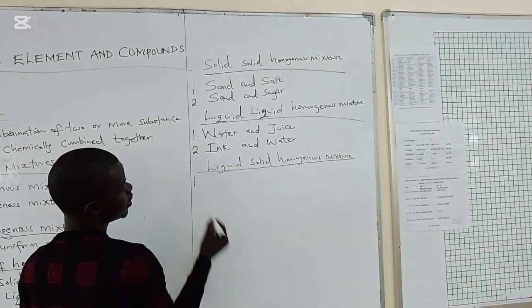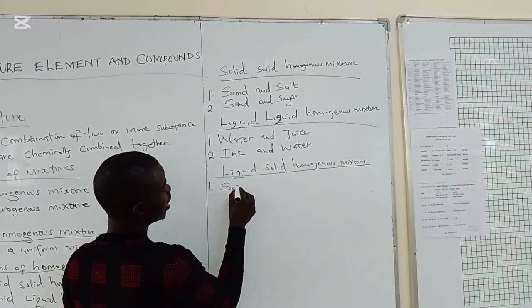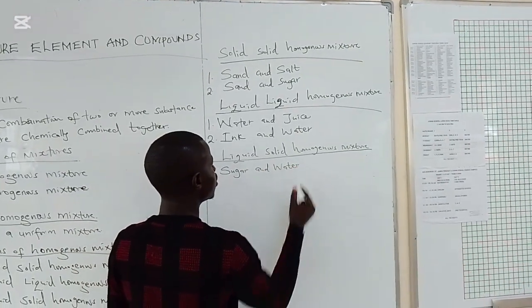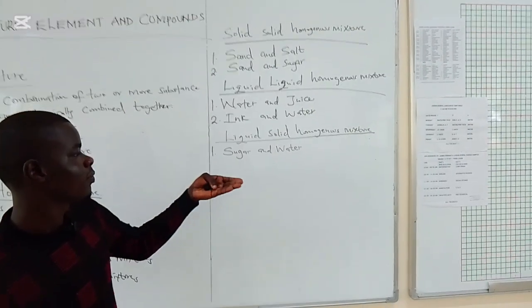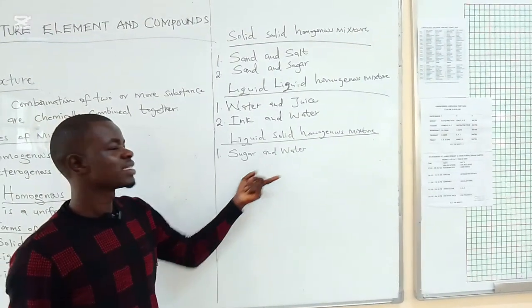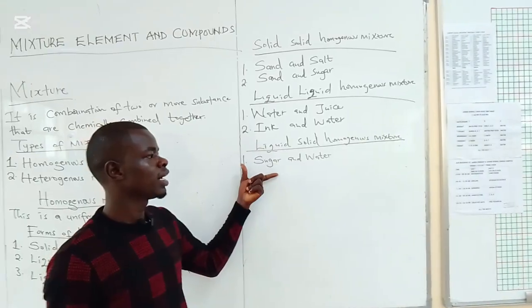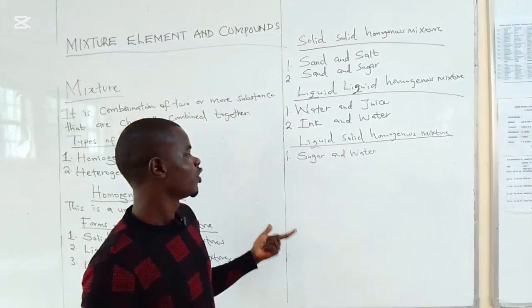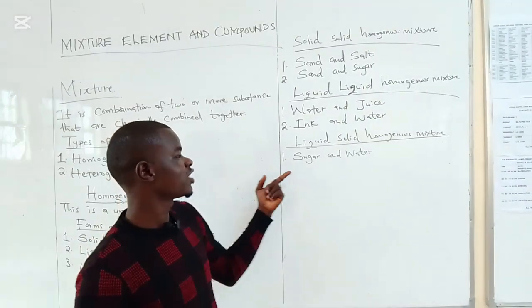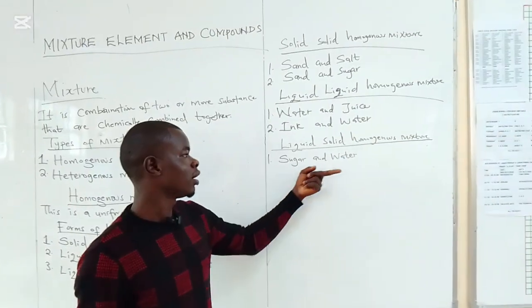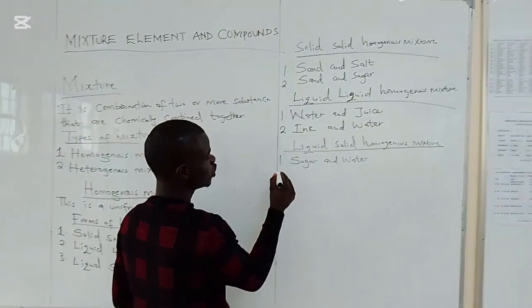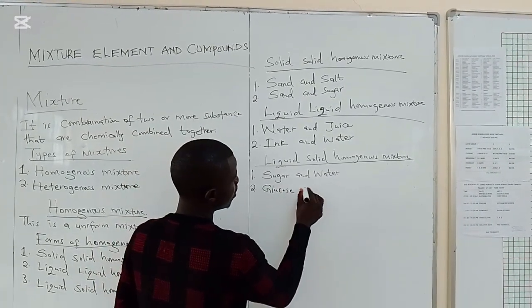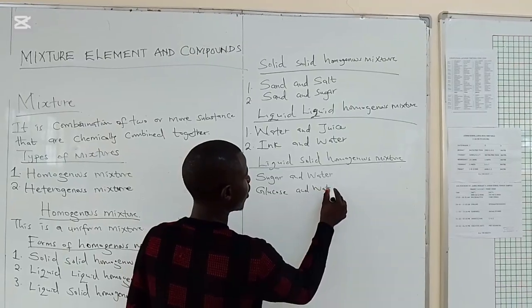For instance, number 1, you can talk of sugar and water. So it means that if you dissolve sugar in water, then there is a chance of the sugar disappearing in water, forming a layer. To identify it, when you taste, you feel the sugary taste from the solution. Number 2, you can talk of glucose and water.